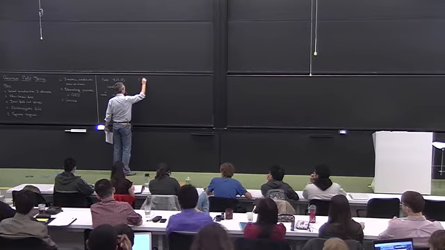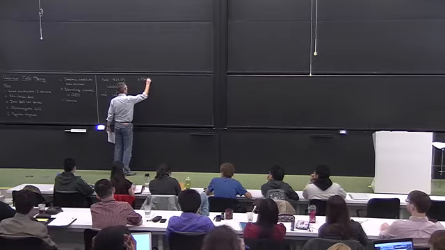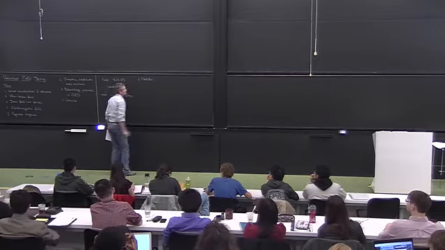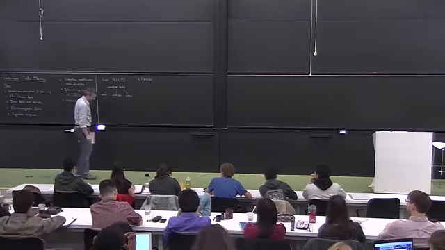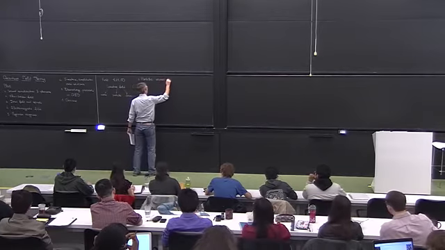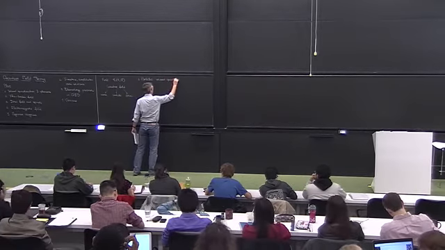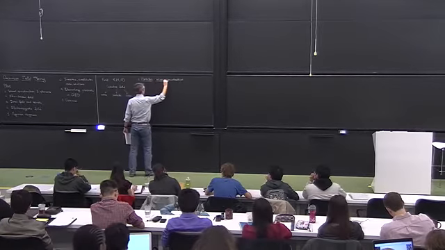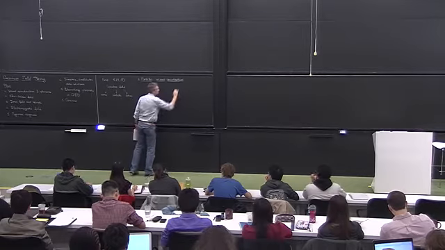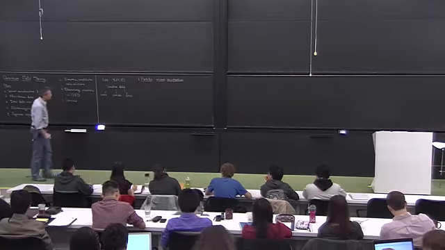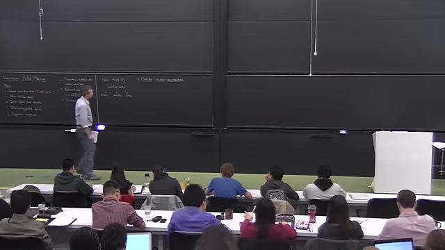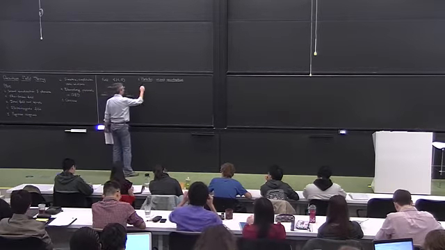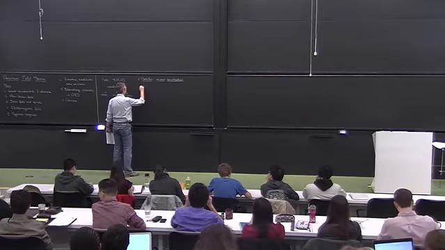So the first example will be a method that is used a lot in condensed matter physics, namely second quantization. And it directly leads to the notion of quantum field. So, how do we describe particles? Of course, we know how to do it in quantum mechanics.